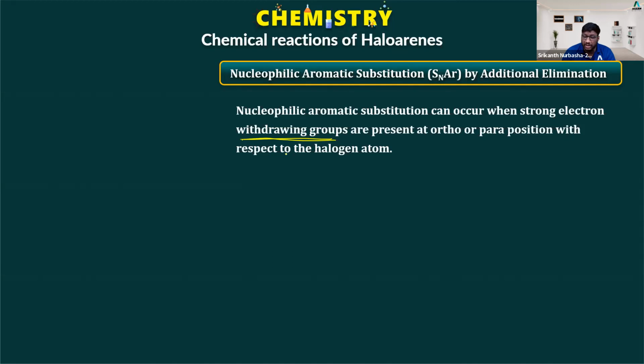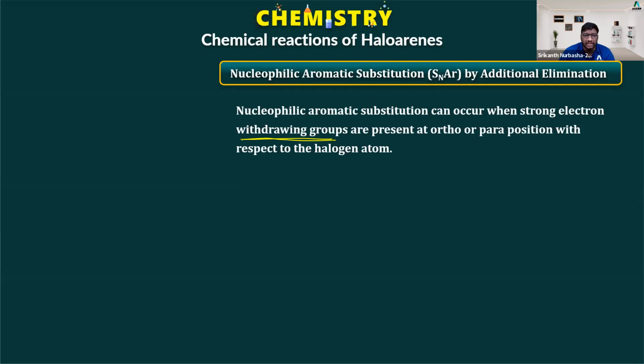With respect to the halogen atom, how the reaction goes, if you think of that part, you can easily understand what is going to happen. Do we require electron donating groups or electron withdrawing groups? The only thing we have to understand is how the reaction is going to move.